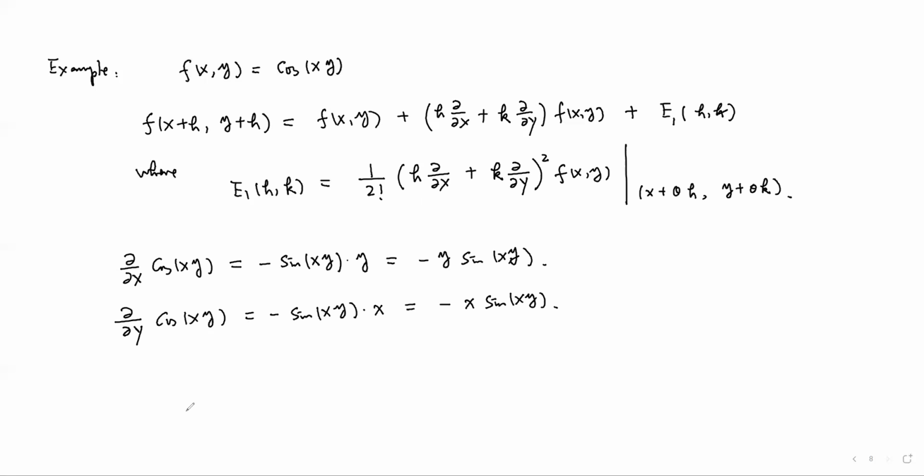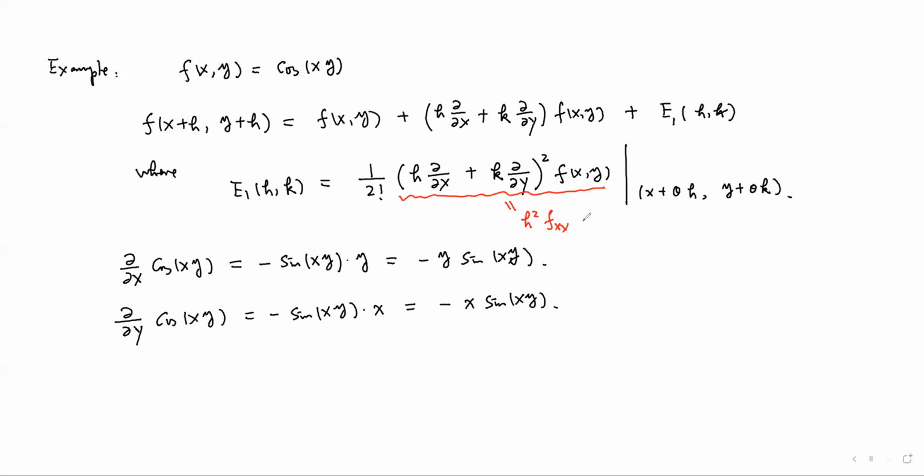As we have seen, this is equal to, let me go back to my notes, h squared f xx plus 2hk f xy plus k squared f yy when I expand the square.